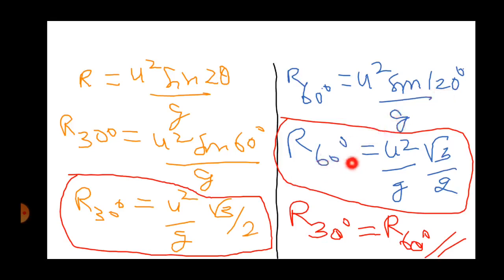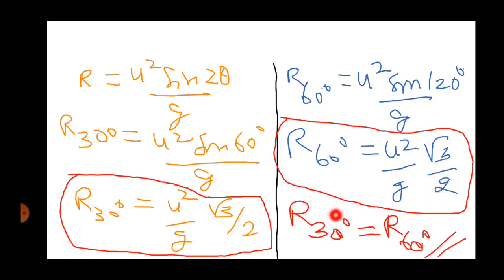Now r 60 degree is equal to u square by g into sin 120 degree, and that value is root 3 by 2. This is equation number 2. So students, equation 1 and equation 2 both have equal magnitude, u square by g into root 3 by 2.